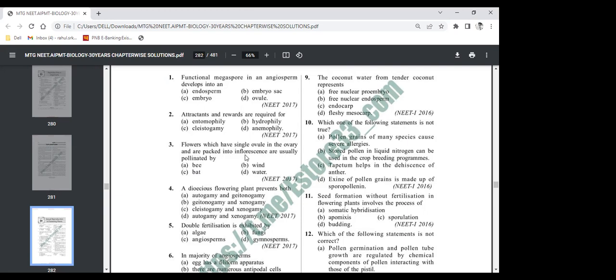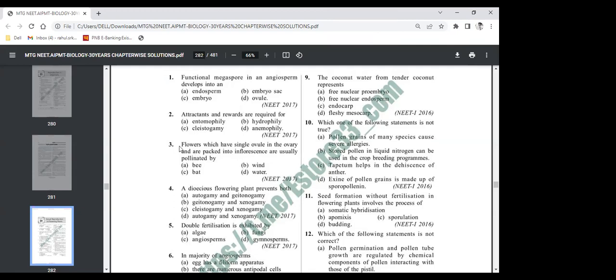The thing is, how will I explain you? I don't know that. Basically the flowers which are pollinated by the wind. How to say?